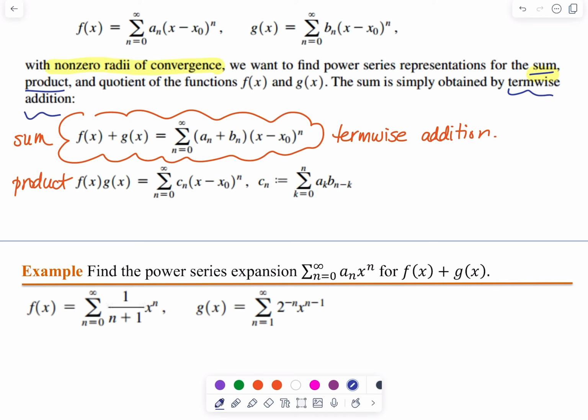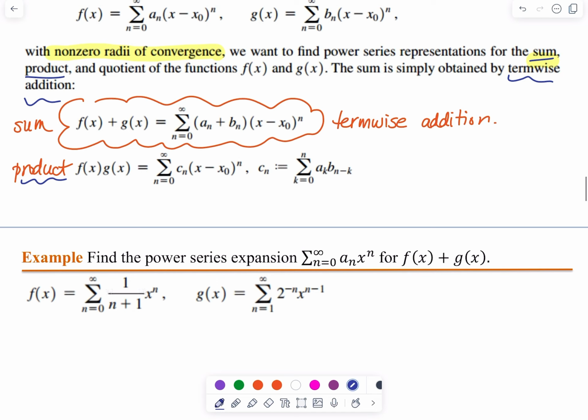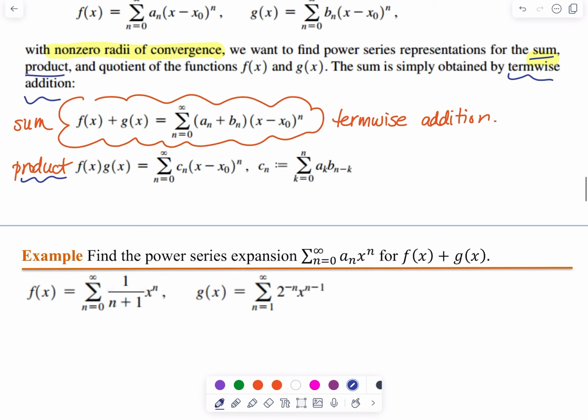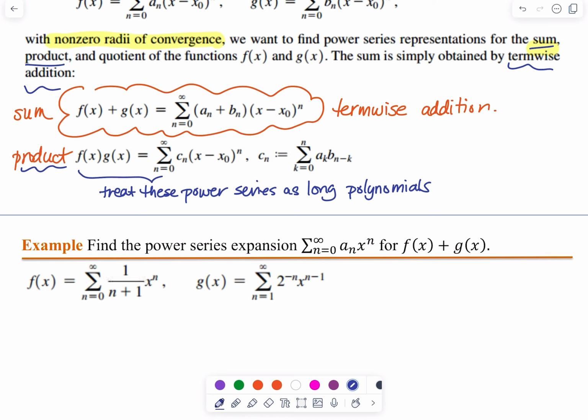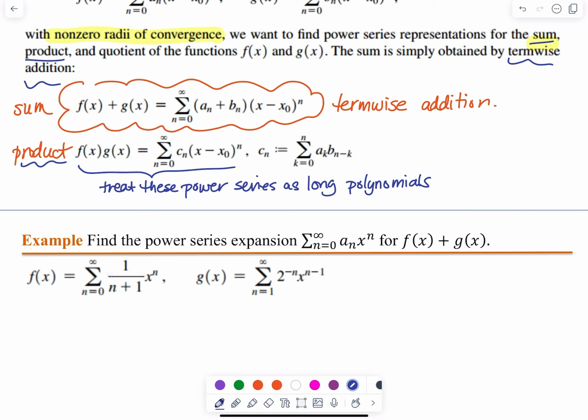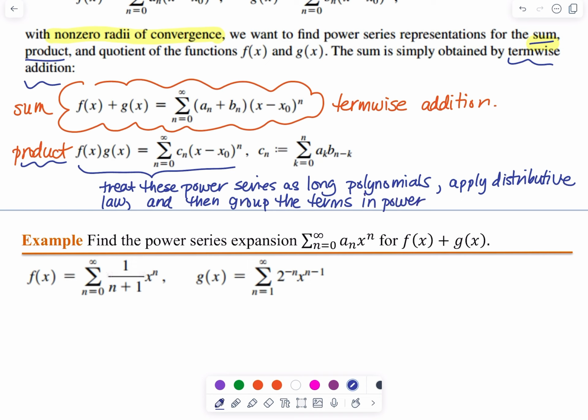And one thing I want to make note about the product is that we will treat these power series as long polynomials and then we will apply the distributive law and then, this is important, group the terms in powers of x minus x naught.